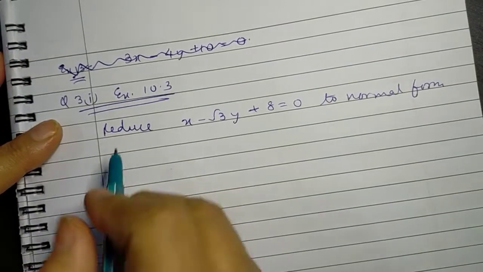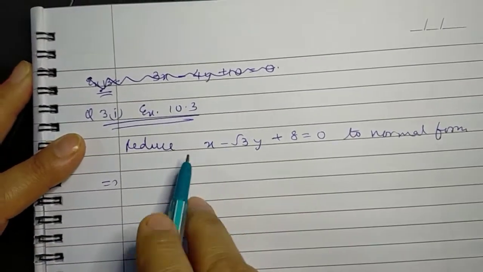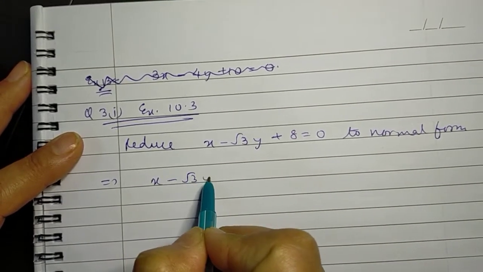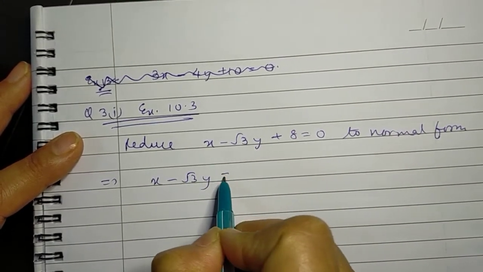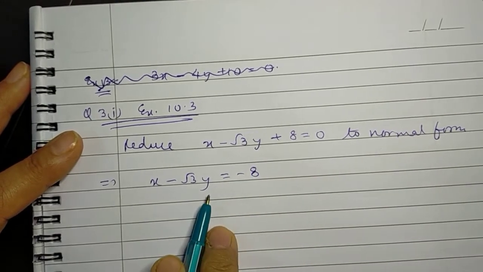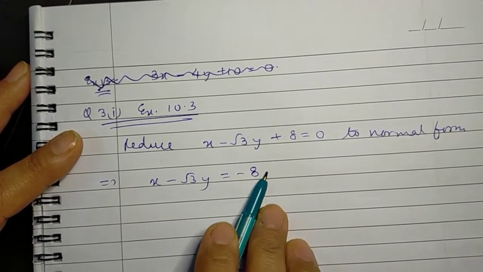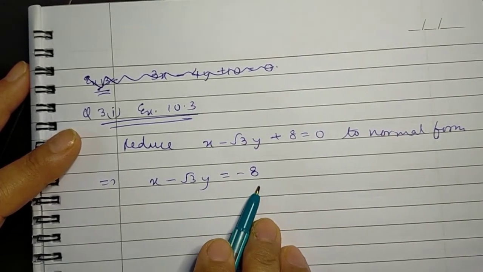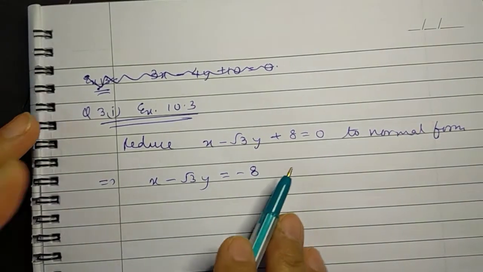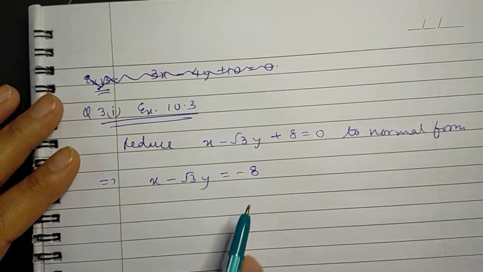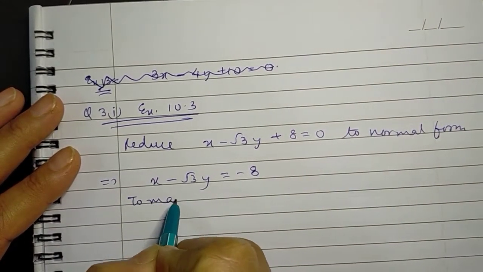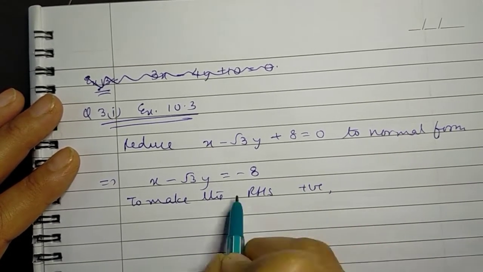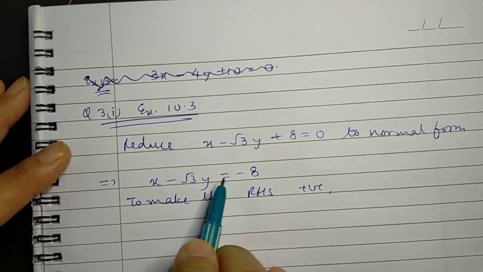Now here again we proceed the same way. We take the constant term to the other side. Now x minus root 3y is equal to minus 8. Now here if you just observe, the right hand side is negative, but the first step involved is to make the right hand side positive. So to make the right hand side positive, what do we do?